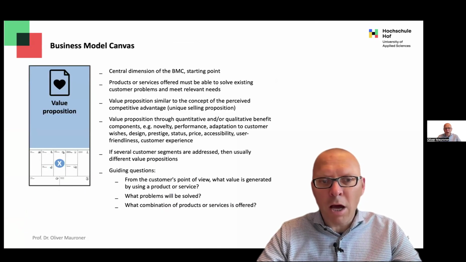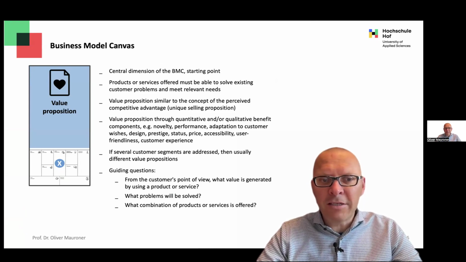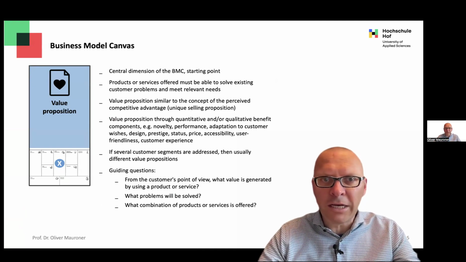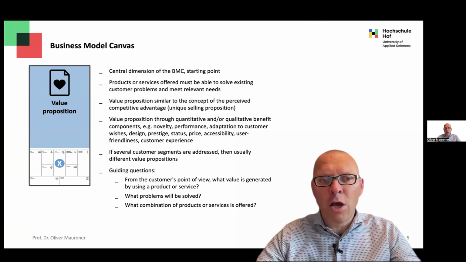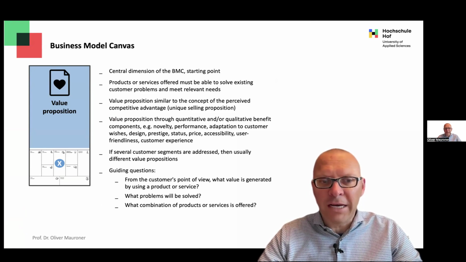So the first block and the starting point is the value proposition. This is the central block that defines the unique value that a business offers to the customers. So why should they choose a certain company or a certain product? What customer problem is being solved by the company?